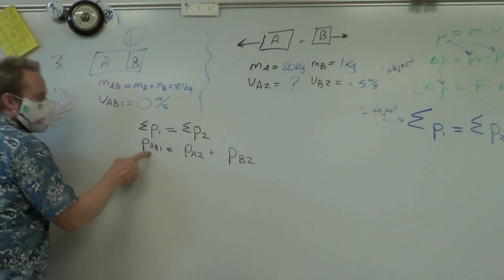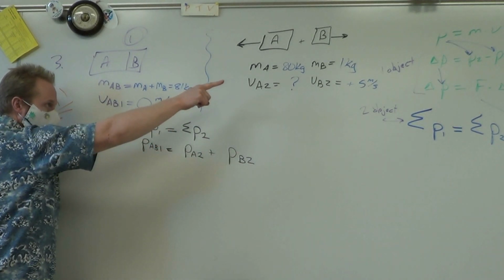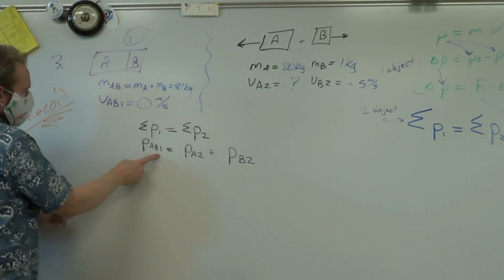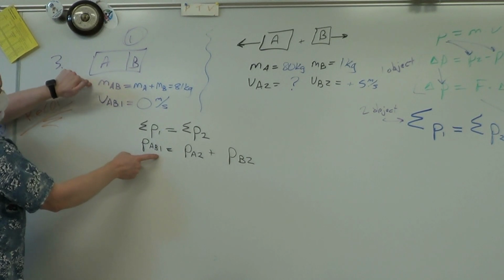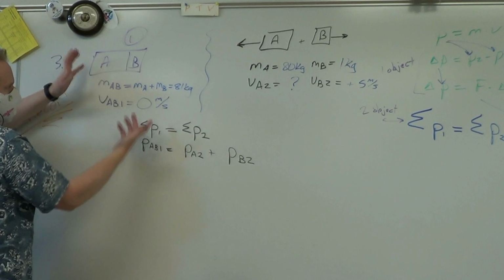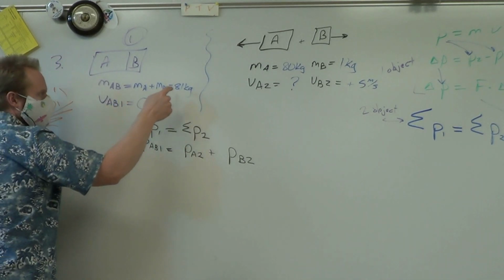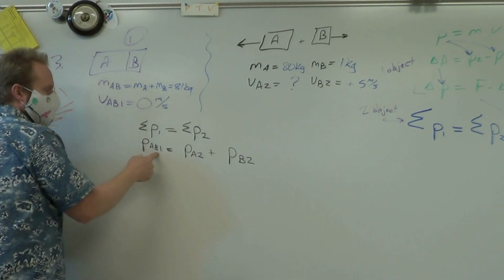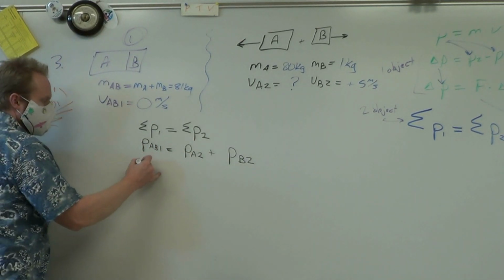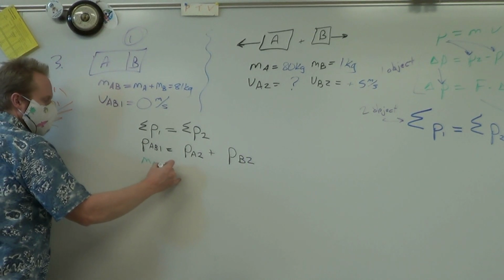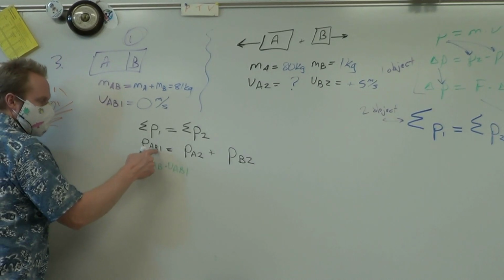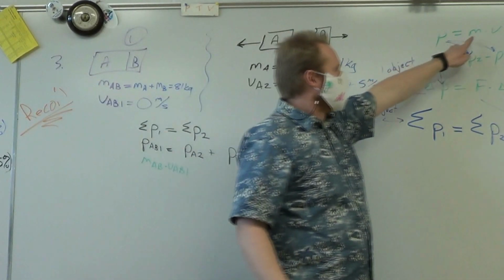Now, P is momentum, and momentum is mass times velocity. So in order to calculate PAB1, we take the mass of AB times the velocity of AB at location 1 to give us PAB1. So that's why I draw like this, because then all we have to do is go this times this gives us this, and we can kind of work it. So I'm going to write it out. MAB times VAB1 is how we are going to calculate PAB1, because momentum is mass times velocity.